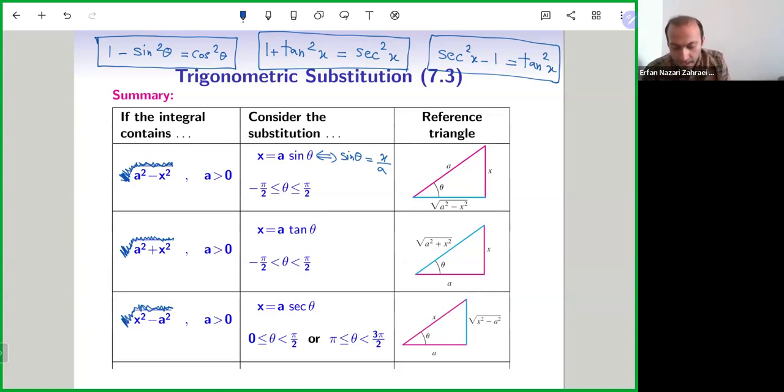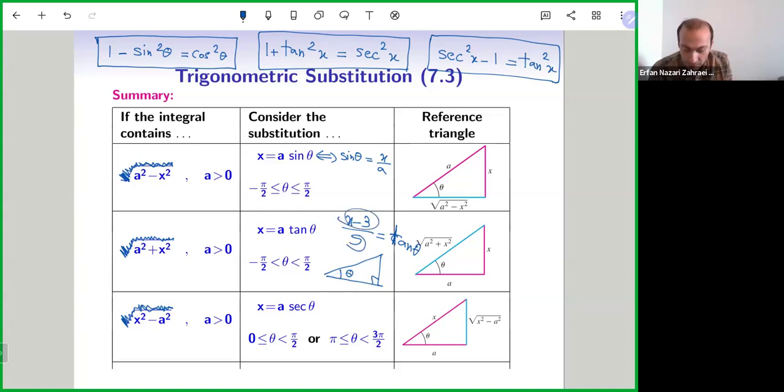This is not always x or something like that. Sometimes you need to do a substitution like this. For example, x minus 3 over 5 is, for example, tangent theta. Then, if you memorize this triangle, it doesn't help you. You need to create the triangle for this. What would be the triangle for this? If you have a right angle triangle with angle theta, that's a small practice problem that we are doing. Tangent theta is opposite over adjacent.